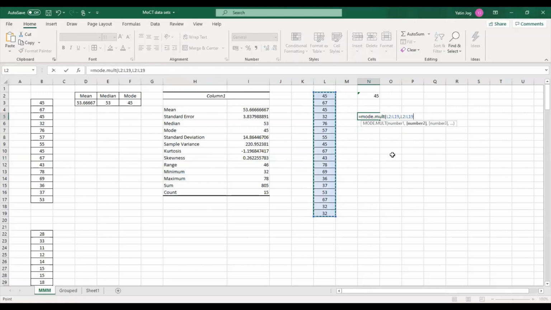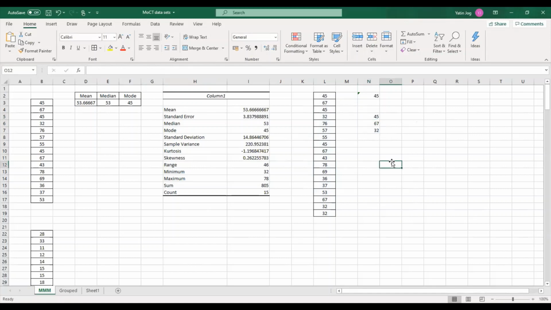I made it 18 by default. Okay, it was 19. I added 2 values. Okay, so it will give me all 3 mode values, 45, 67 and 32. So if you want to find out multiple mode values, then you can try copying the same data set at least twice. So even if your data set has multiple modes, at least you'll get an idea that my data set has multiple mode values.